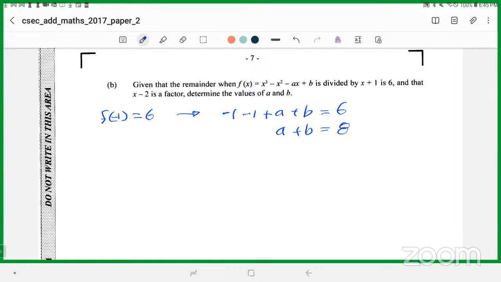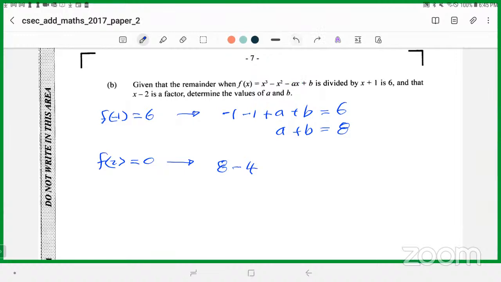Then we have that this is the factor. X minus 2 is a factor, which means that f of 2 is equal to 0. The remainder is 0. This is going to give us our second equation by substituting 2 in the function there, where the x is. So 2 cubed right here is 8. 2 squared right there is 4. So I'm subtracting 4. Then I'm 8 times negative 2.